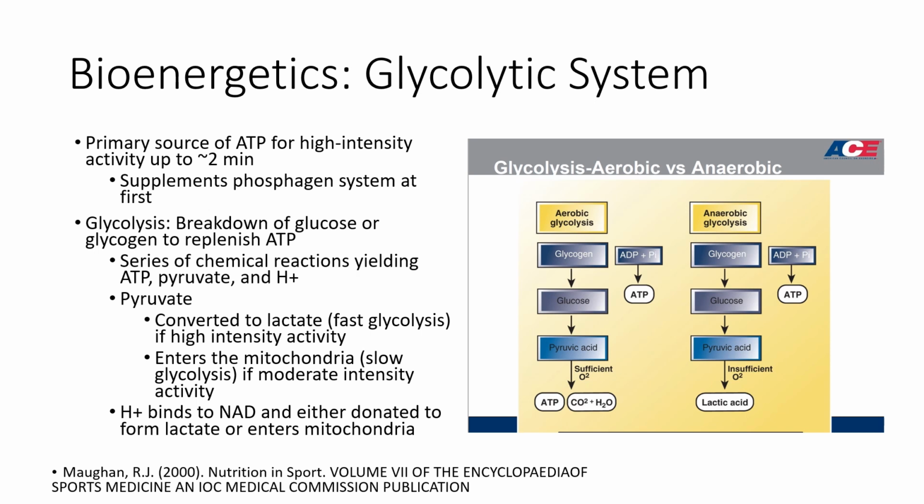The resynthesis of ATP via breakdown of PCR buffers some of the hydrogen ions formed as a result of ATP hydrolysis. The PCR in muscle is immediately available at the onset of exercise and can be used to resynthesize ATP at a very high rate. The high rate of energy transfer corresponds to the ability to produce a high power output.